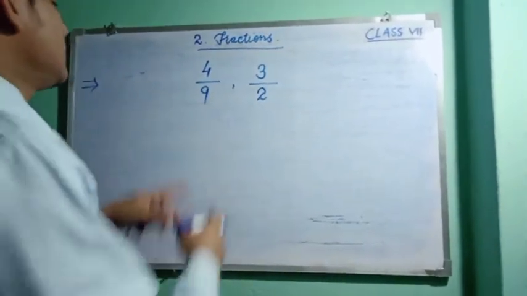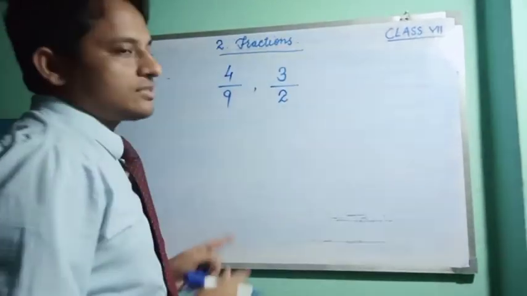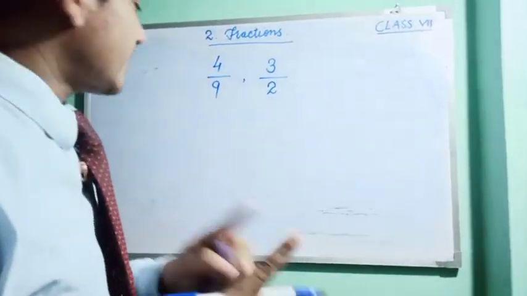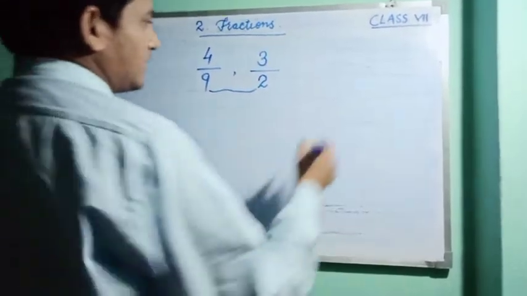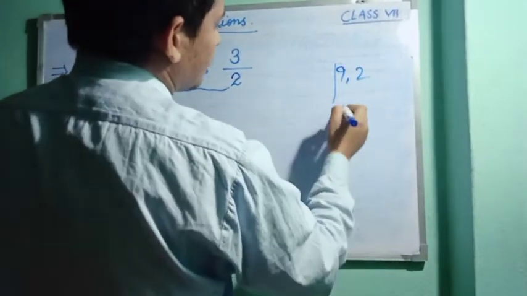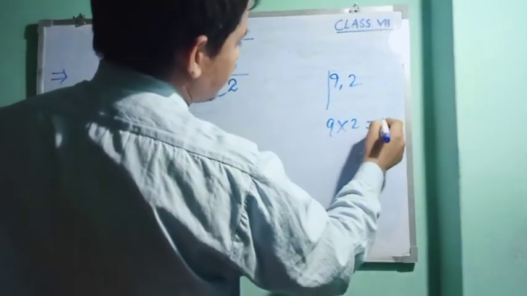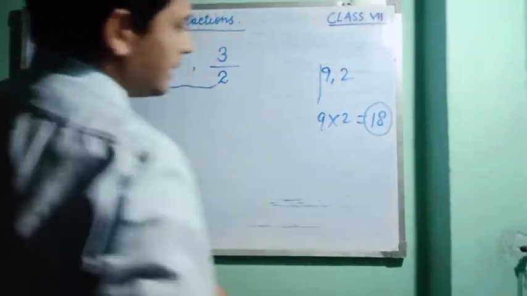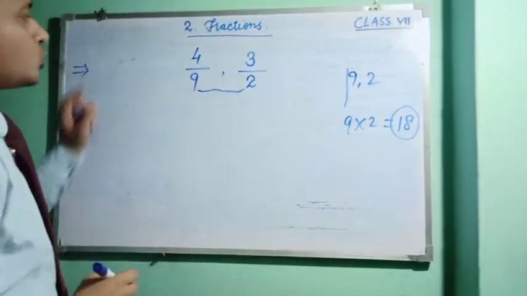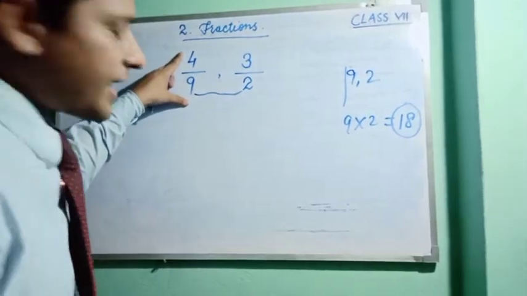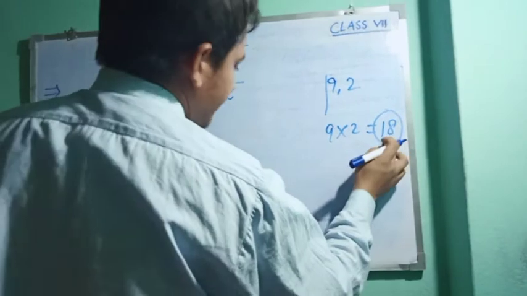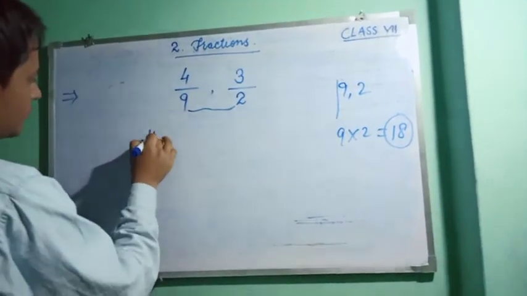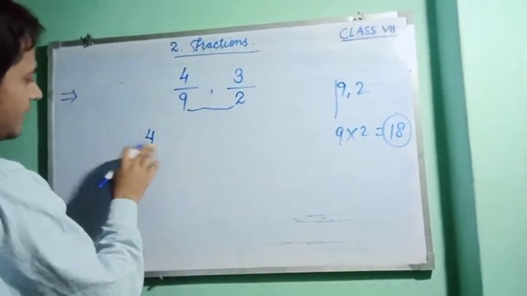How do we change these unlike fractions to like fractions? First of all, find the LCM of the denominators. Here the denominators are 9 and 2, so the LCM is 18. Now, to make each fraction have denominator 18, we are going to find the equivalent fractions.